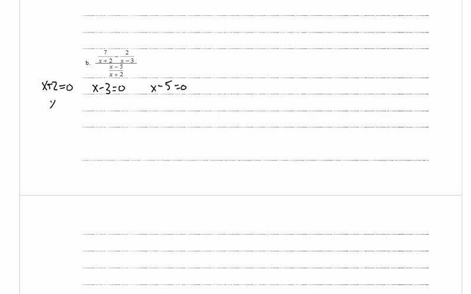So x is equal to negative 2, x is equal to 3, and x is equal to 5. So this complex fraction is undefined at x equal to negative 2, x equal to 3, and x equal to 5.